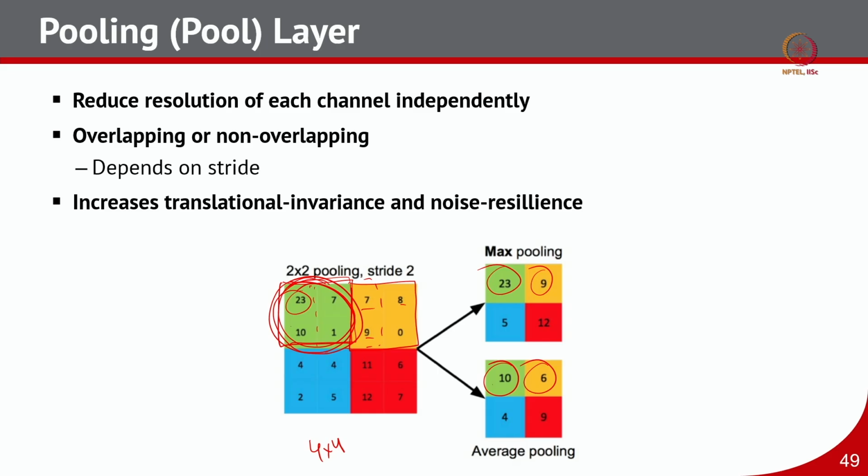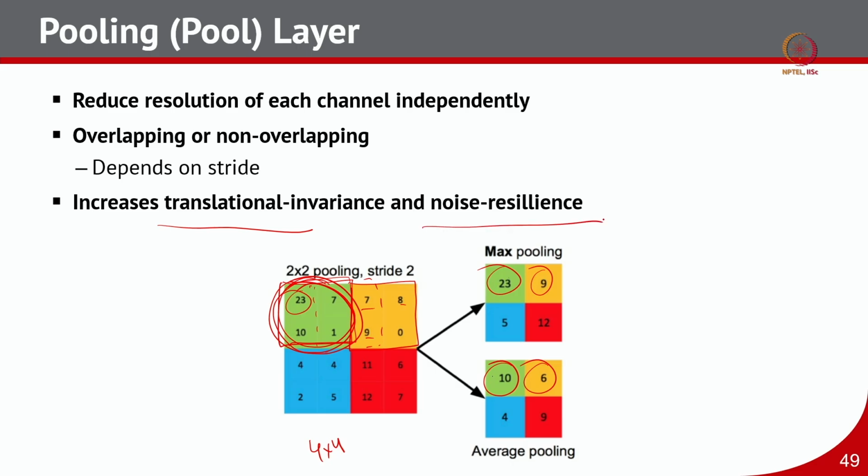In max pooling, we take the maximum value of all those pixels. In average pooling, we take the average of all the pixels in that particular patch of the input feature map. So that is pooling. Now, as I said, pooling increases translational invariance and noise resilience.